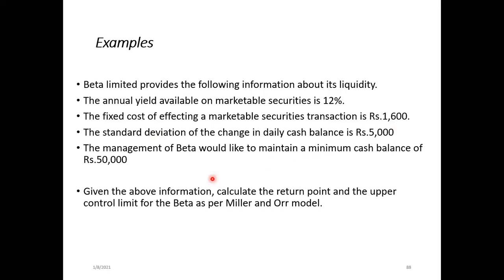Management of Beta would like to maintain a minimum cash balance of rupees 50,000. Given the above information, calculate the return point and the upper control limit for Beta as per the Miller and Orr model. Right?